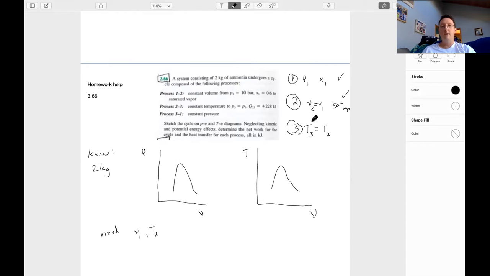And once I find that, I know it's the same for state 3. And I know that from 3 back to 1 is constant pressure. So I also know that pressure at state 3 is equal to pressure at state 1. Okay, so far, does everyone give me a thumbs up if you follow my logic there? I kind of feel out what I know.